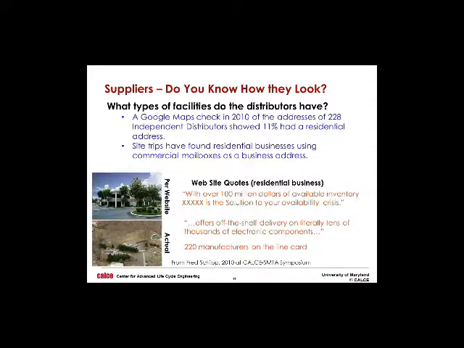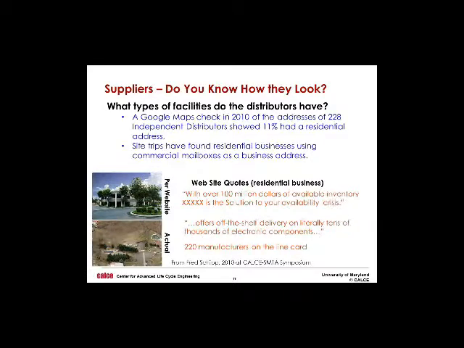Now, when you look at a company like that, you might even find their website, and they might claim things like, we have $100 million of available inventory for your availability crisis, really pitching to you. But then, this is a slide from Fred Shipp when he was at MDA. He looked at about 200 plus independent distributors and found that some of them have just a residential address.